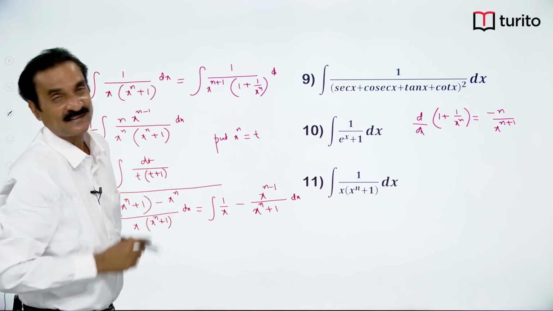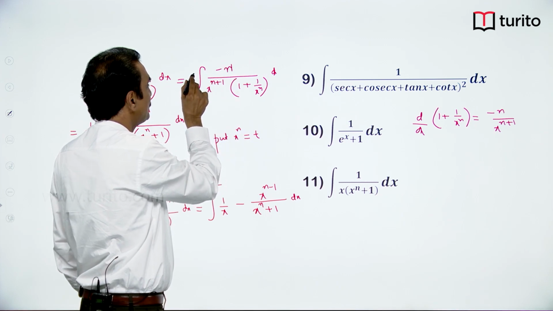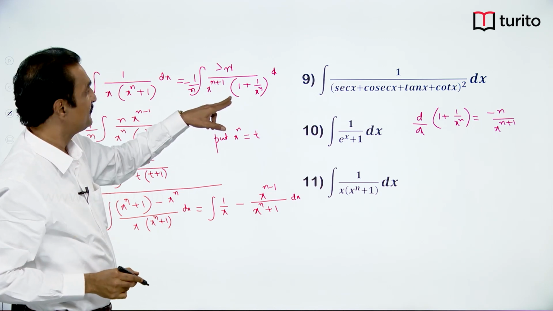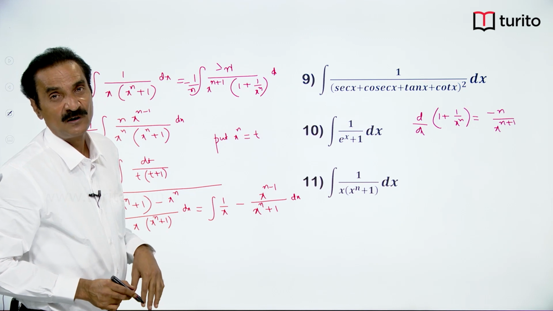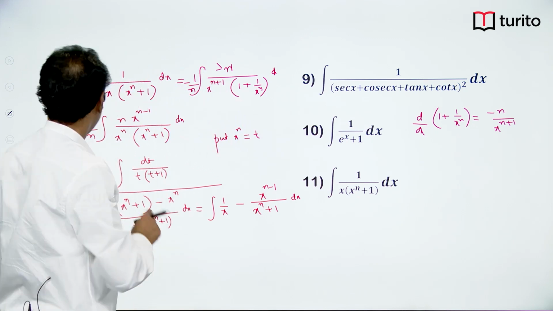What else do you need? Minus n. So, if you multiply and divide by minus n, it becomes f dash x by fx. Is it not? So, the integral is log mod of x. You finish it later. We will proceed to the next question.